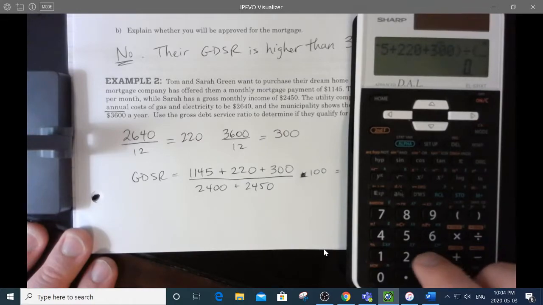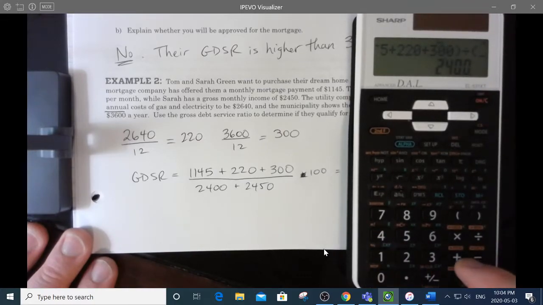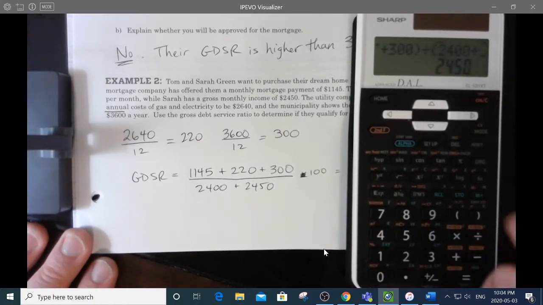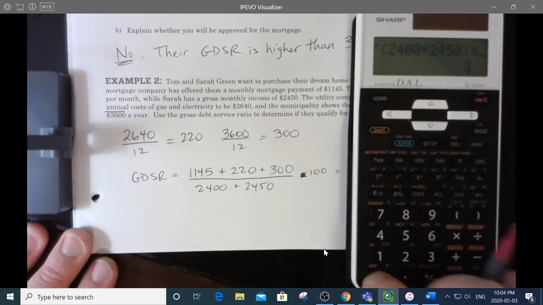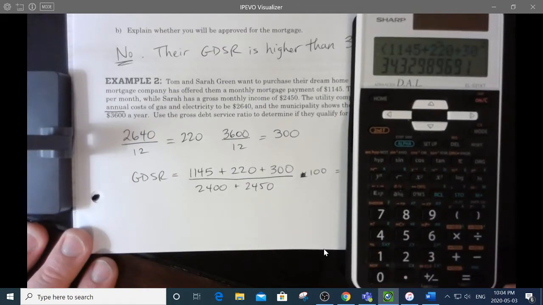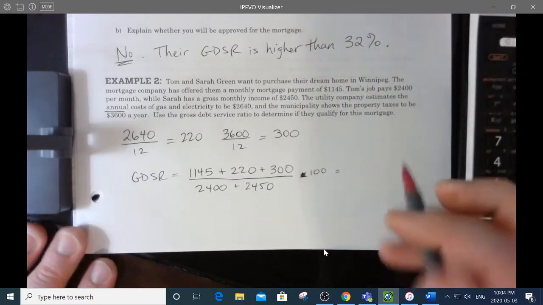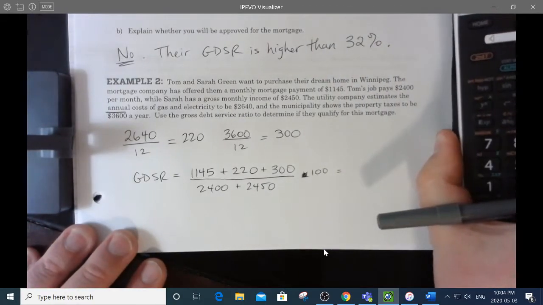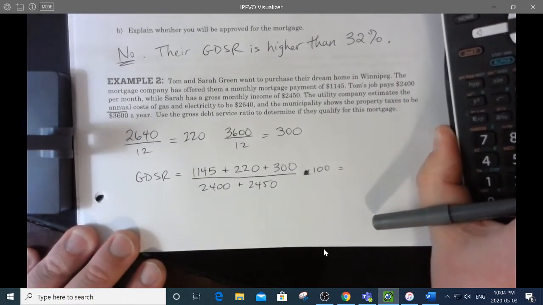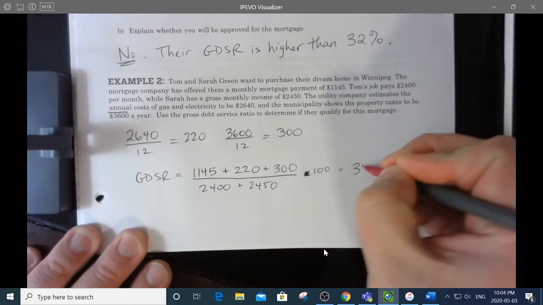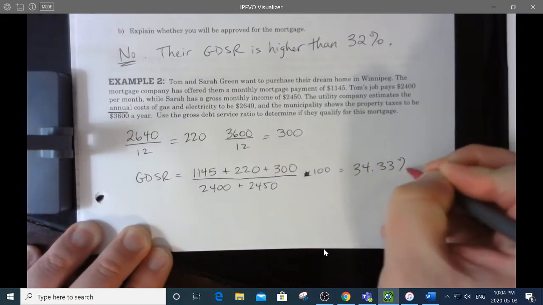Open bracket for the bottom, 2,400 plus 2,450, close that bracket, and times 100 is, and well, it looks like both of these guys get bad news. 34.33%.